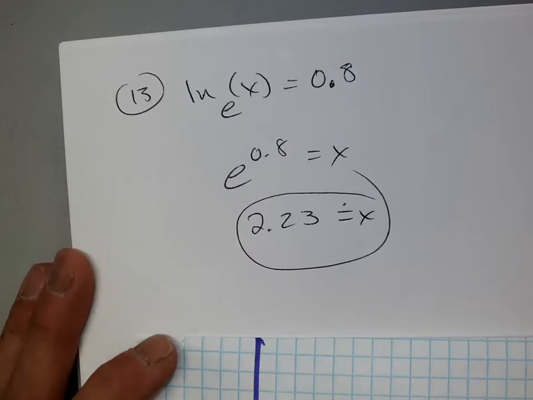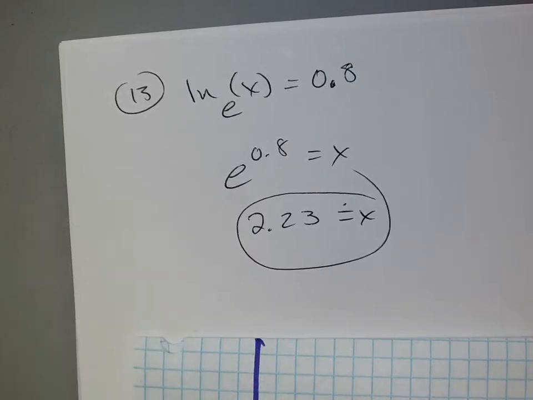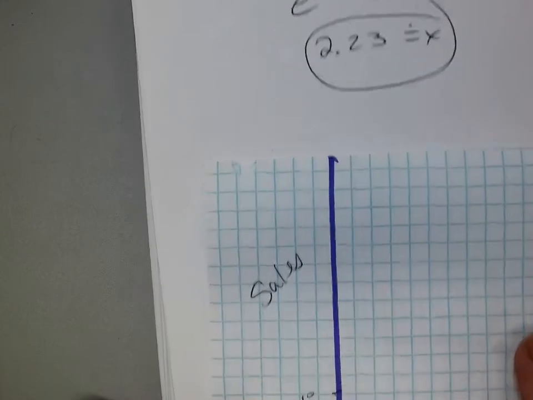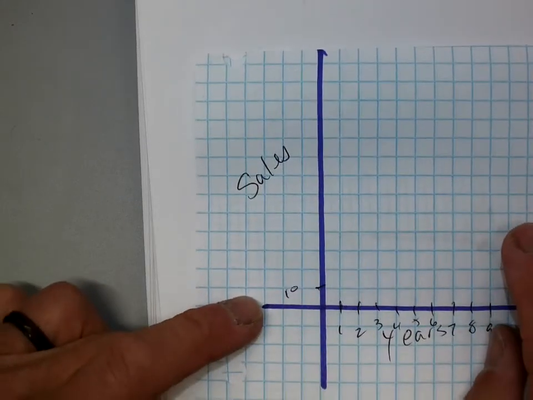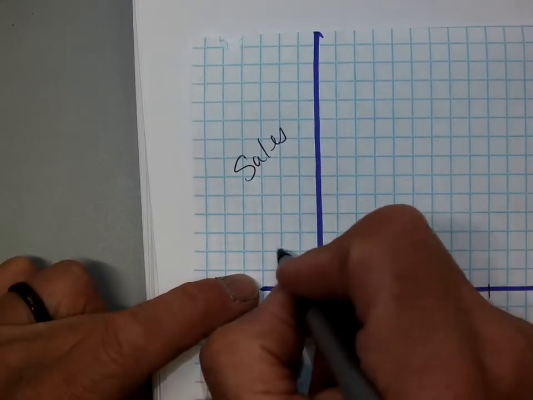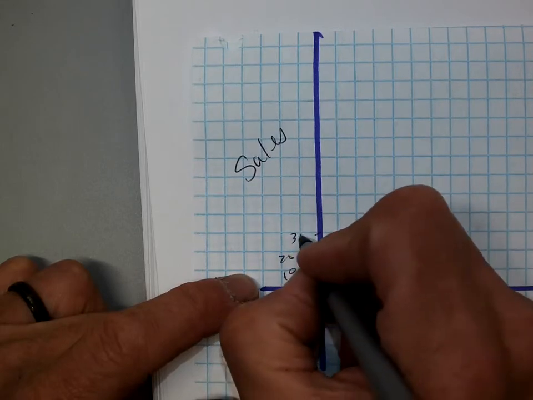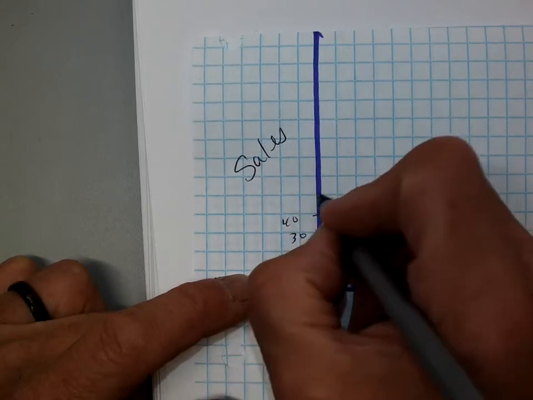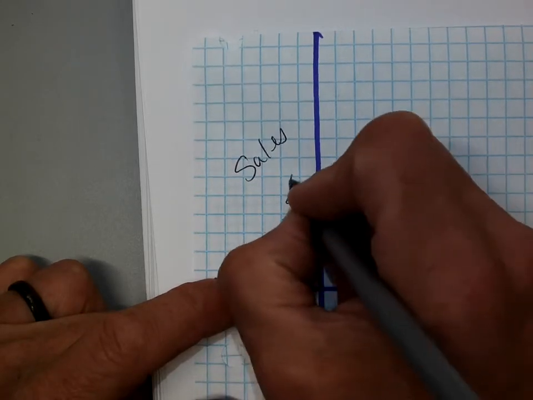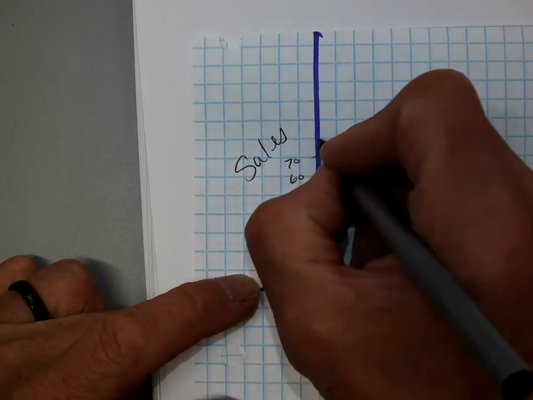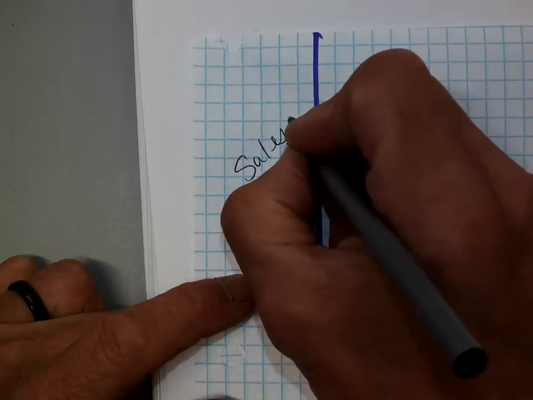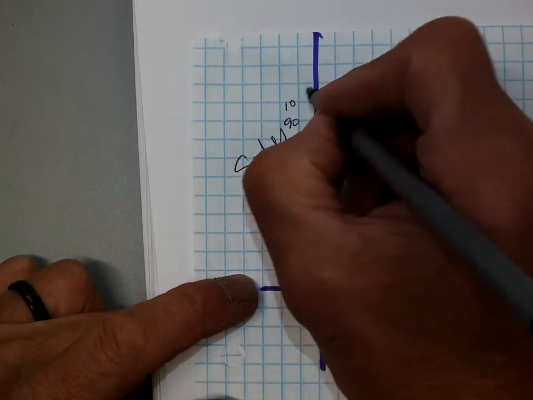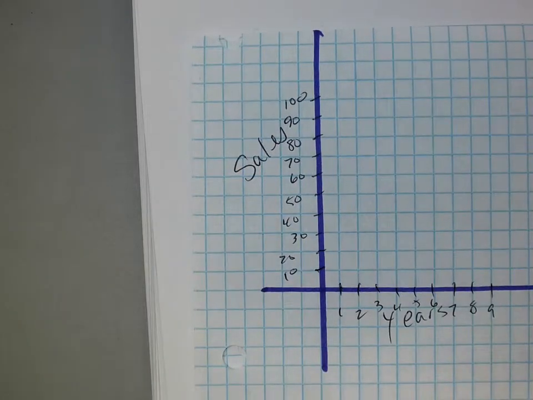Right, and then I'm gonna go probably by tens. 10, 20, 30, 40, 50, 60, 70, 80, 90, 100. How's that? Better?